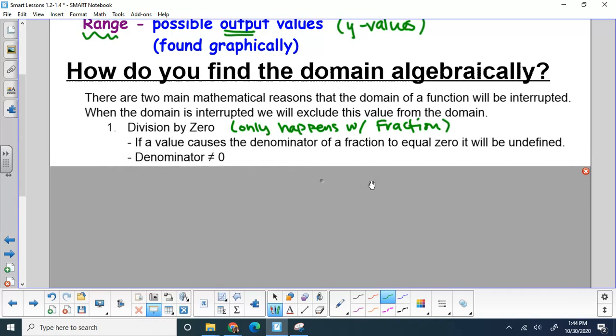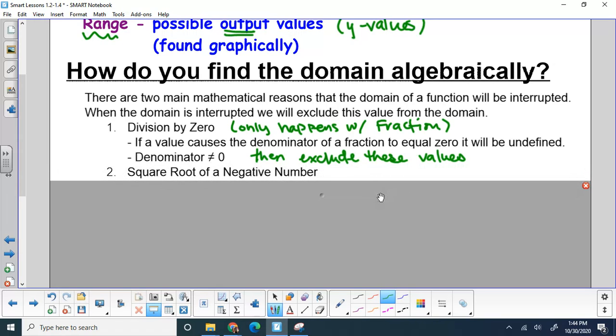So mathematically, we say the denominator cannot equal 0. And if it does, we'll exclude those values from our domain. So we're going to, again, exclude these values, because if the denominator equals 0, we broke the rule of math of dividing by 0.